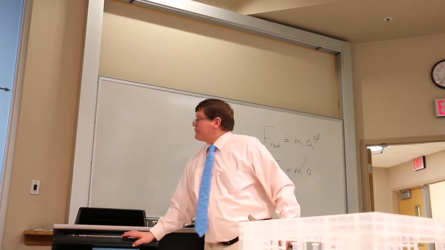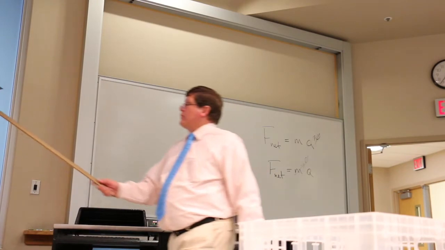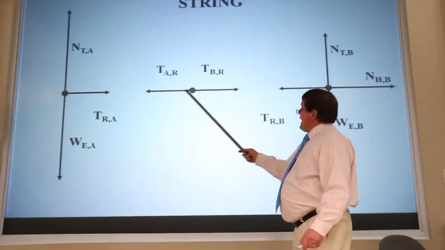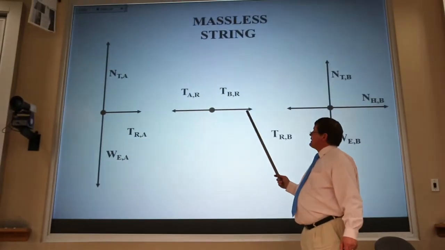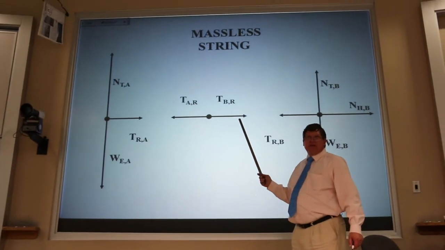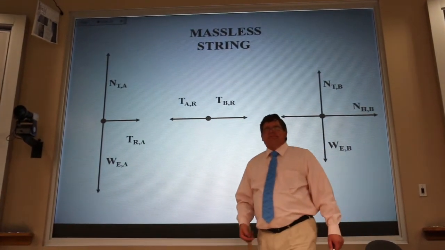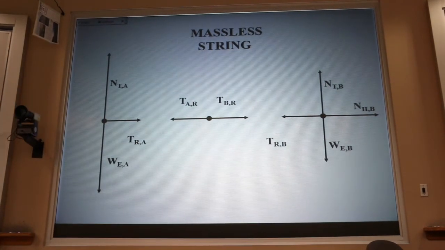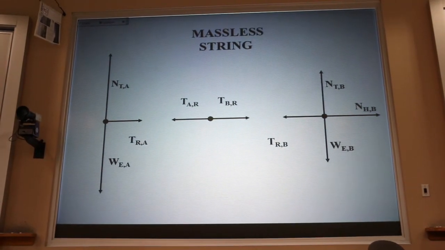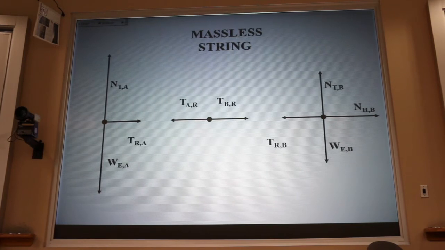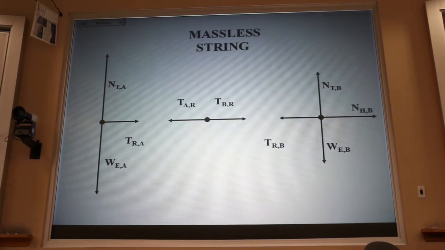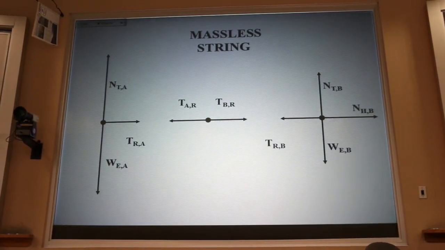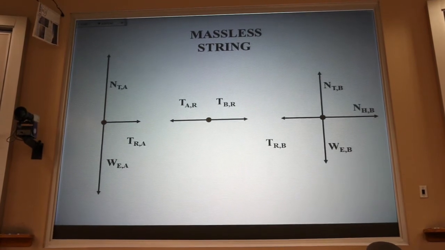And in that case, the free body diagram goes to this. And this force is exactly equal and opposite to that force. Okay? Now here's the thing. In every single introductory textbook for this class that's on the market, they always assume in every problem a massless string.